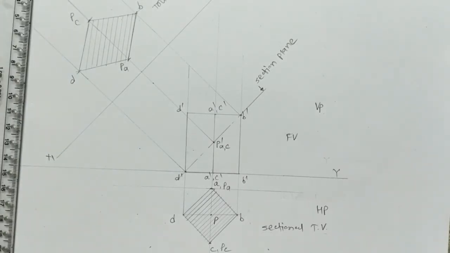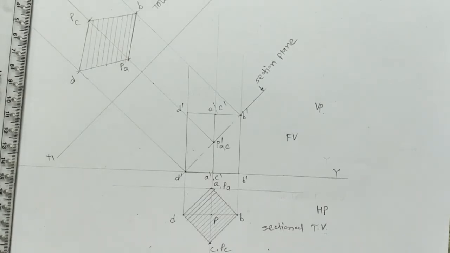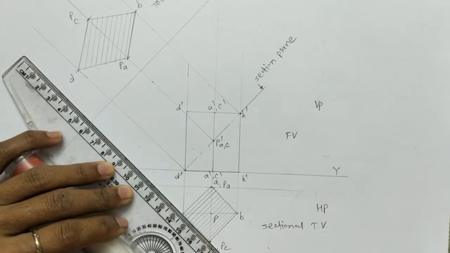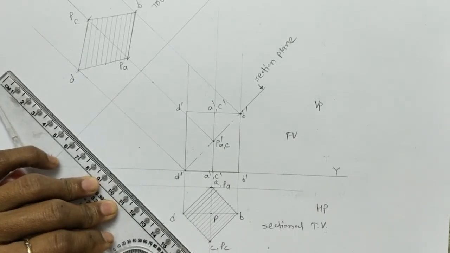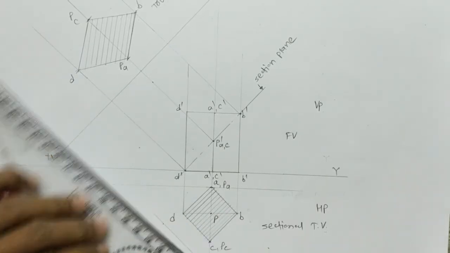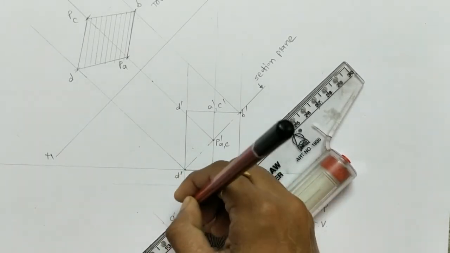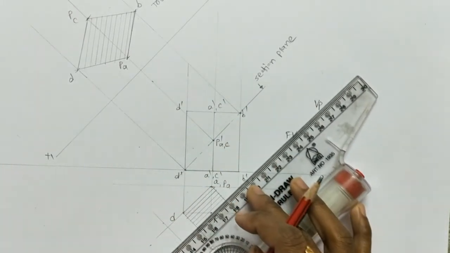And dimension of this side of a square which is 50.